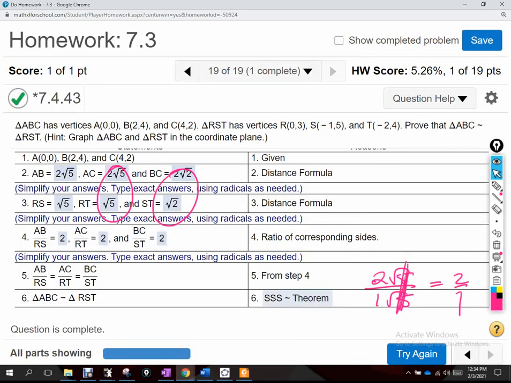But now, here's why they want us to simplify. We found that these numbers right here were radical 20 and radical 8, right? So radical 20, radical 20, radical 8. Down here, we found radical 5, radical 2.